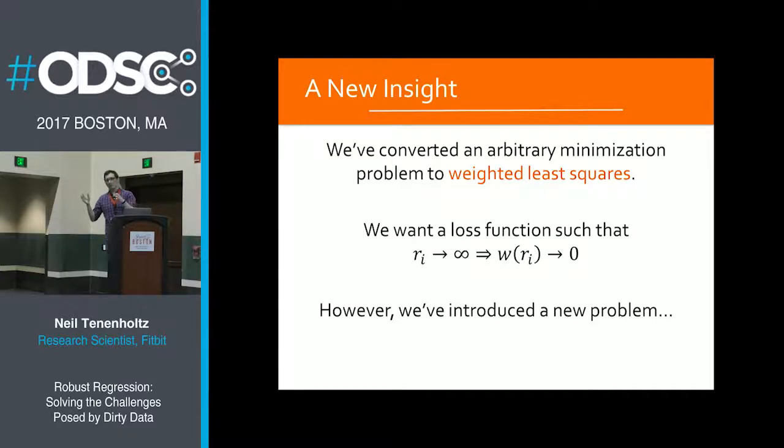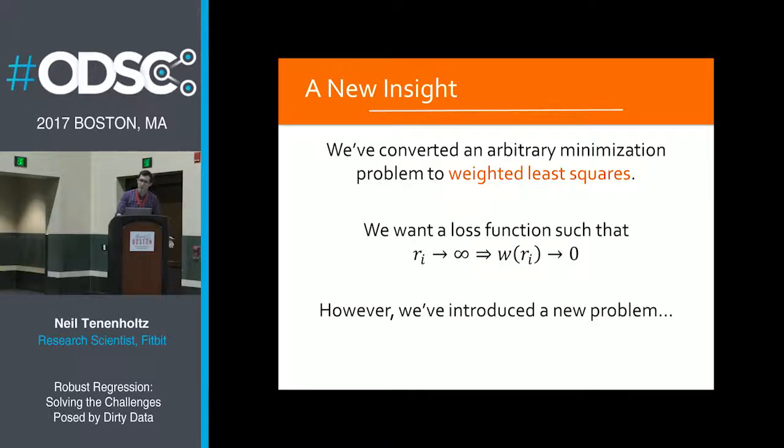So we're going to minimize a different loss function that has better properties. And we're going to take that loss function and convert it into a weighted least squares problem where the weights are going to depend on the residuals themselves. And so we now have an easy way of solving this. And a nice property that we're looking for to make it robust is as these residuals grow to infinity, we want these weights to get small so they have no impact on the regression itself.